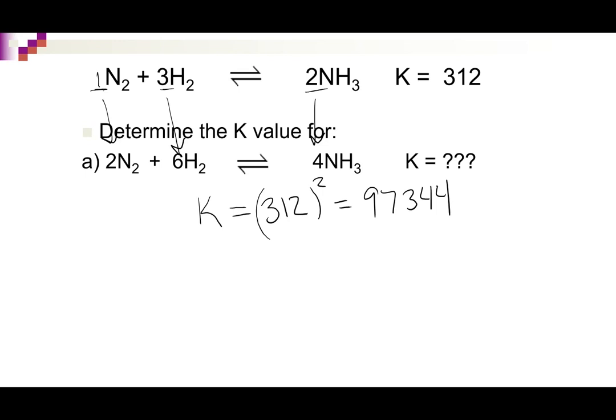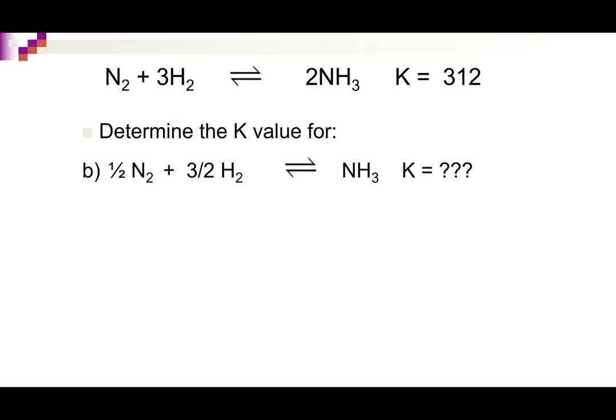Okay. Let's look at the next one. Ooh, fractions. Gotta love fractions. All right. So the first one, nitrogen had a coefficient of 1. Now it has a coefficient of 1 over 2. So 1 to 1 over 2, we divided it by 2, right?